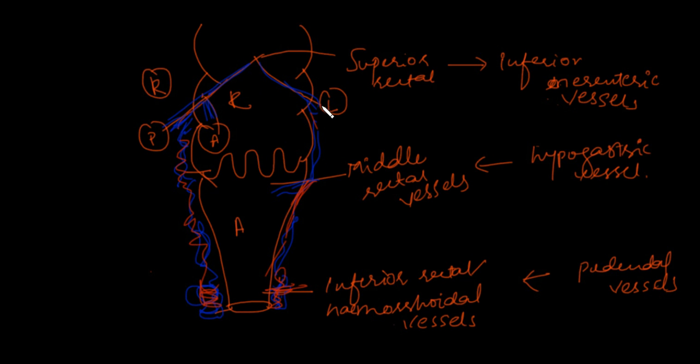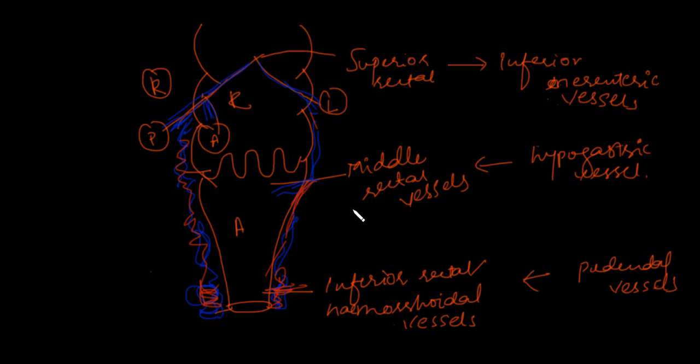So on the left side they form the left lateral anal cushion, and on the right side they form the right anterior and right posterior anal cushions. That makes them at 3, 7 and 11 o'clock positions.